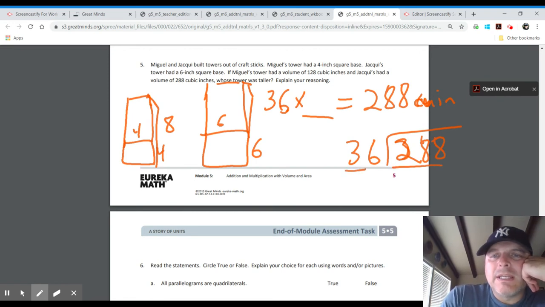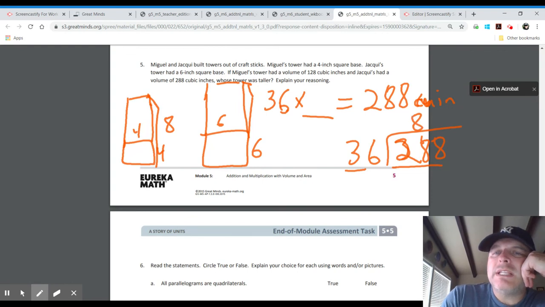Or you could do how many 3s go into 28, but I'm sure it will go over. So if we did 3 times 9, we get 27. If we did 4 times 7, we get 28. So if I used 3, I would have to go with 9. And if I used 4, I would go with 7. So let's go in the middle. Let's say 8.